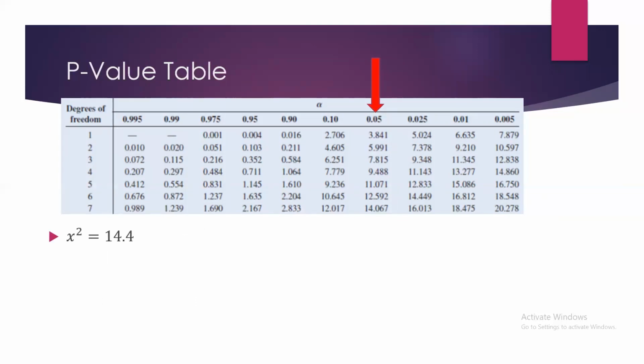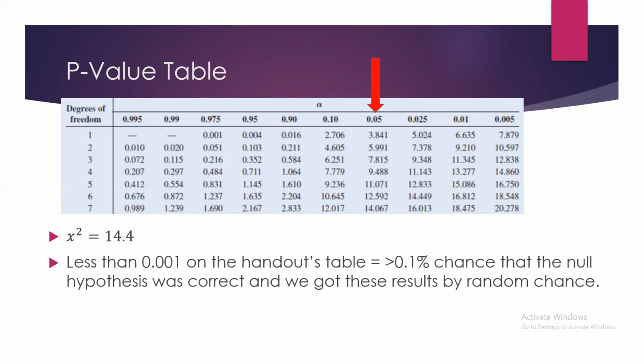Our chi-squared value was 14.4. We are totally off the chart shown on here. Even if you look in the handout, it is above the 0.001 value shown. So that means that this is less than the 0.001 on the handout's table.